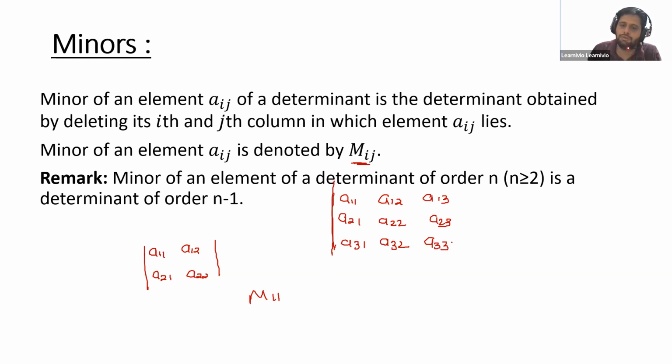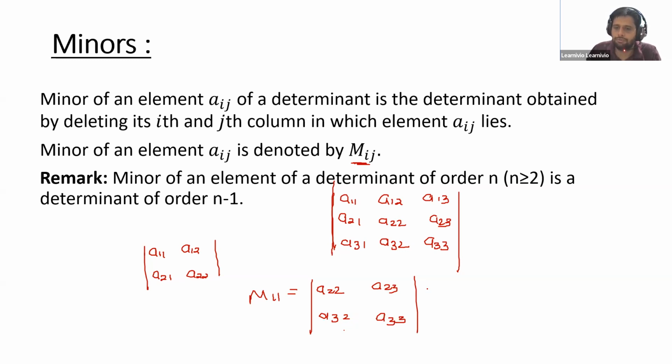This is a determinant which has order 3. Now if you are finding the minor, then the minor is A22, A23, A32, A33. Okay, this is the minor. If you see here, the order is 3, and if you check this, it has order 2. So whenever we are finding the minor, the order of the determinant will reduce by 1.